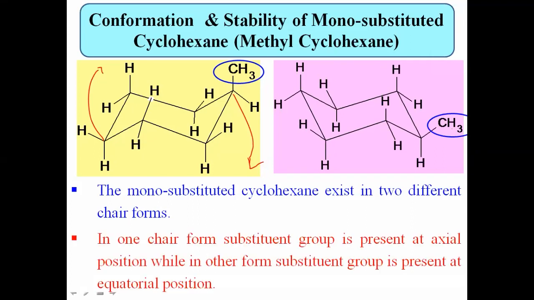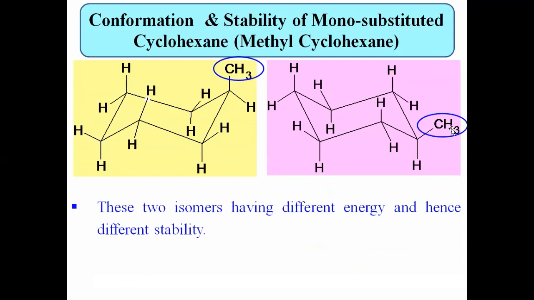Thus in one chair form, the substituent group is present at axial position, substituent means methyl group, while in the other form, the substituent is present at the equatorial position. These two isomers have different energy and hence different stability.